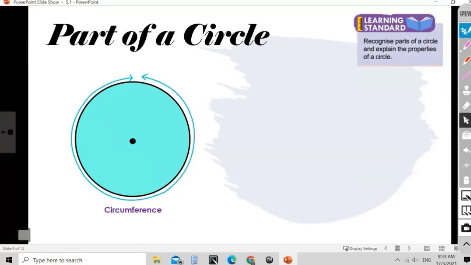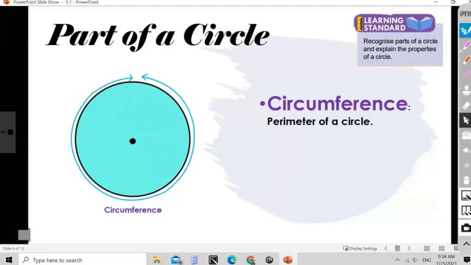Alia, where are you? You can respond in the chat also. If you don't know, say don't know. Andika, do you know? What is the circumference in BM? Sorry, I don't know. Daing, do you know? Is it lilitan? Yes, lilitan. Good. So circumference in BM we call lilitan.